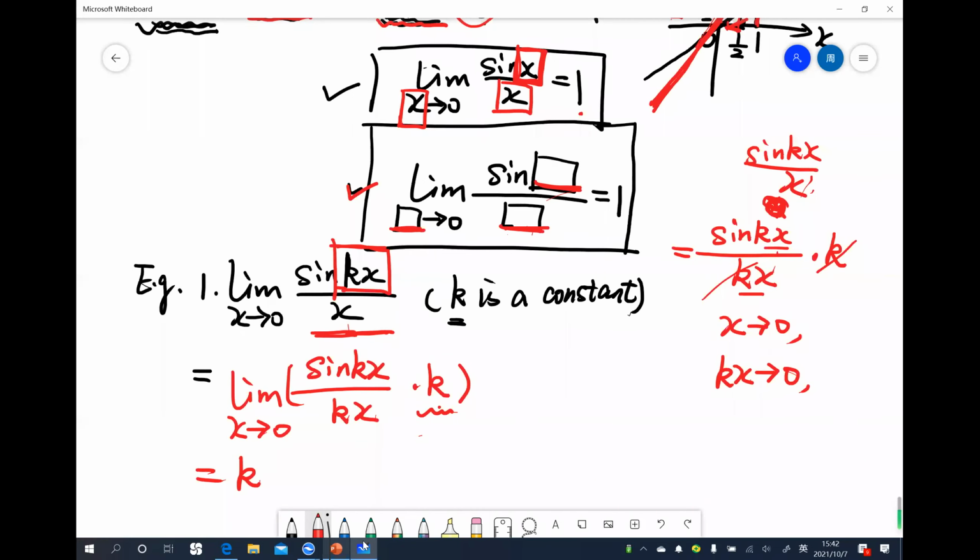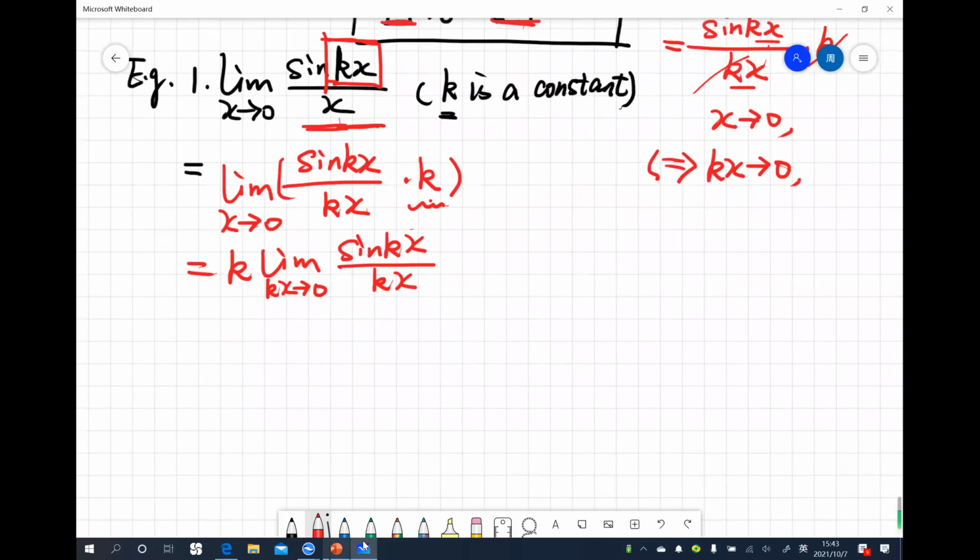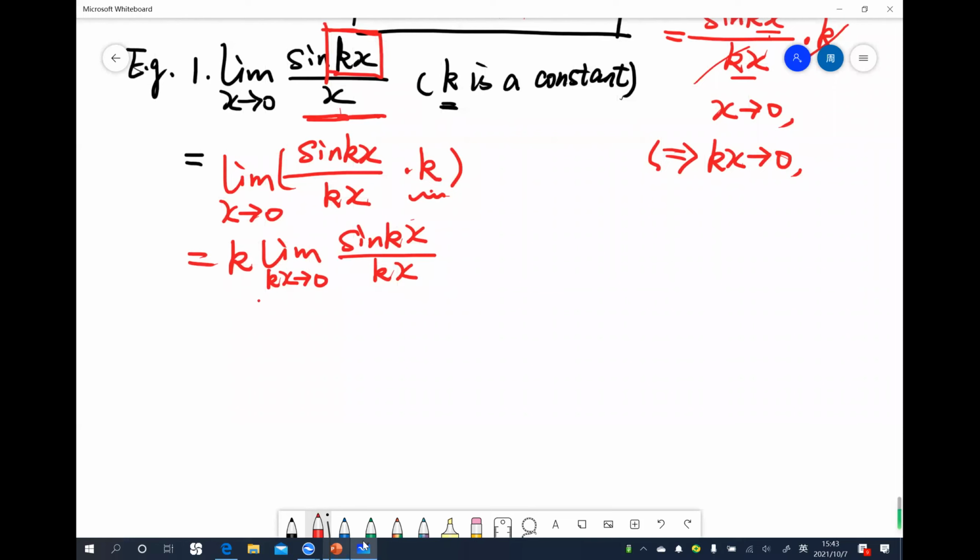So that equals k times the limit of sine kx by kx, where kx approaches 0. Can you understand? Yes. Okay, from the formula, the limit here equals 1, right? So that equals k times 1, which equals k.